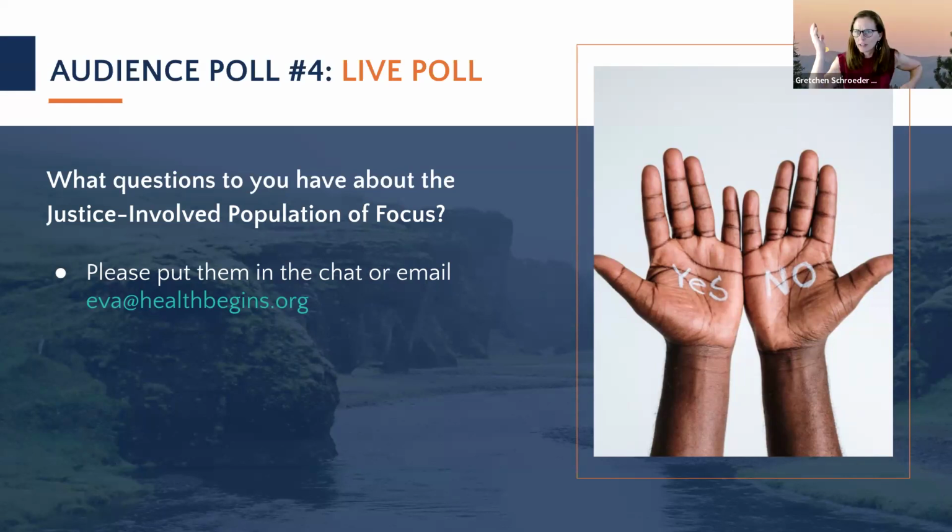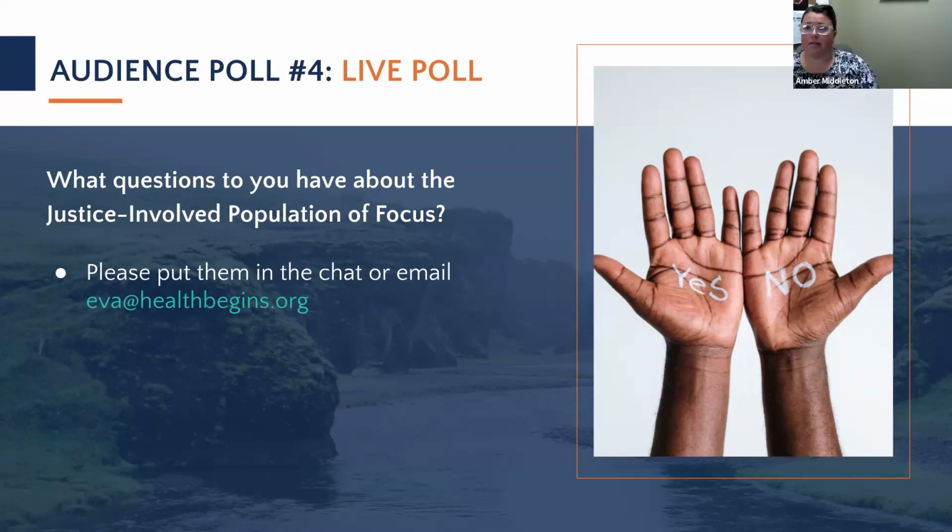How many of you on the call today actually serve the JI population of focus for ECM or community supports? Anybody raise their hands? All right, I see a few folks. Okay. So I know there's a lot coming in the next year or so for the pre-release services, but are there some things that would be helpful to have conversations on or topics discussed around serving the JI population post-release right now?